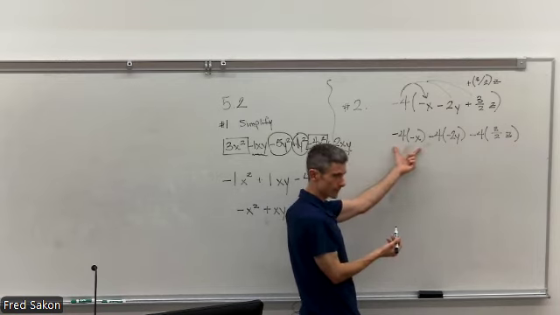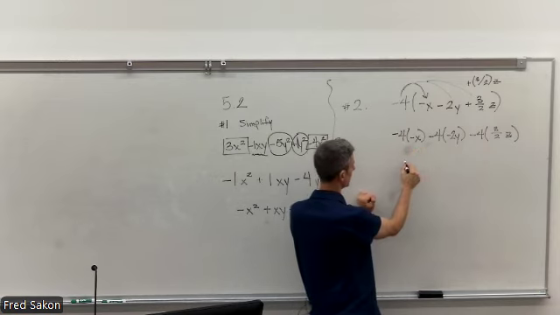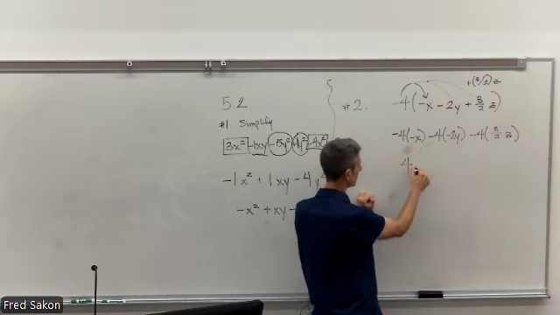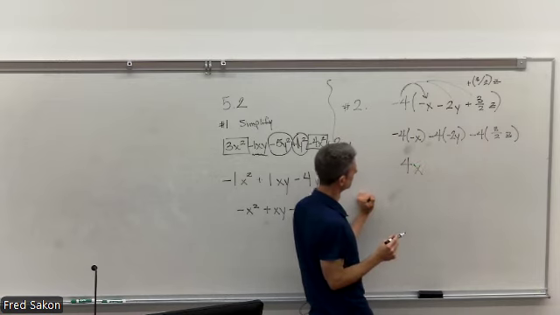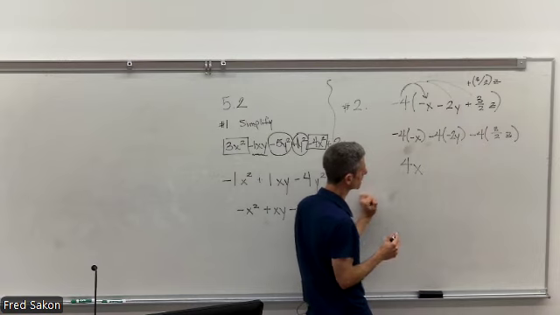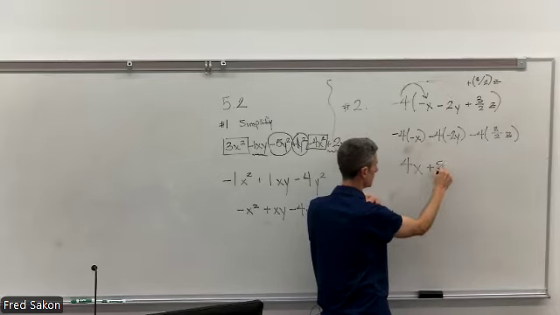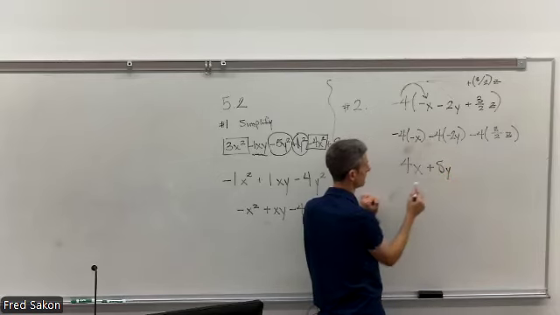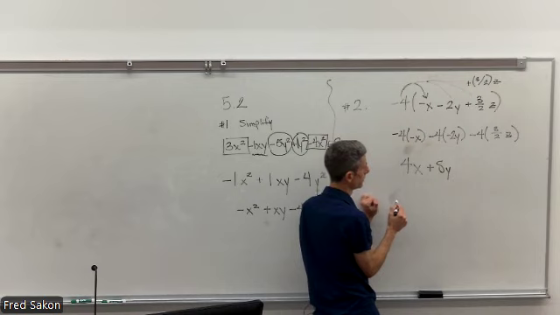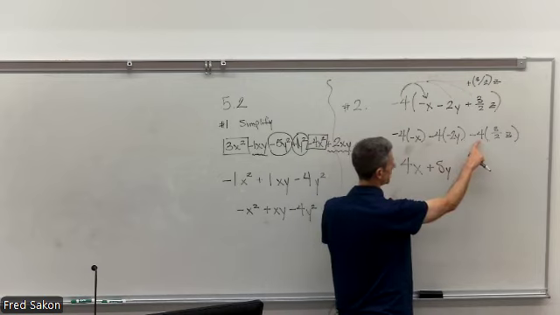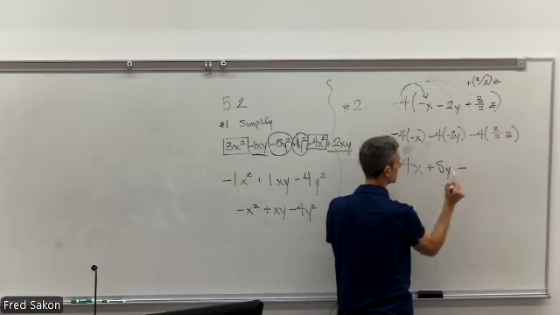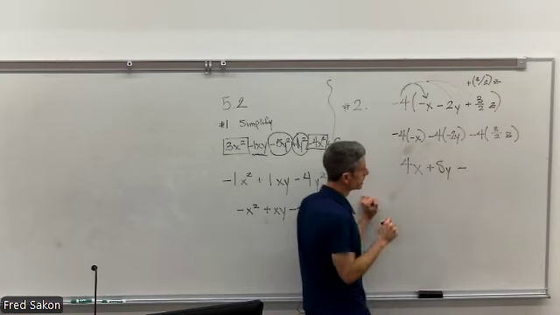These two create positive 4 times x. We can write 4x. Assume multiplication between them. Negative and negative again here for positive 4 times 2 for 8 with a y on it. Looks like negative times positive, so this is going to be minus for negative.